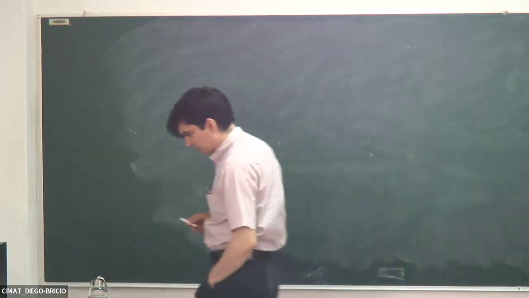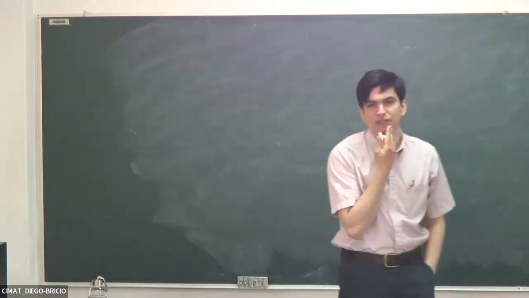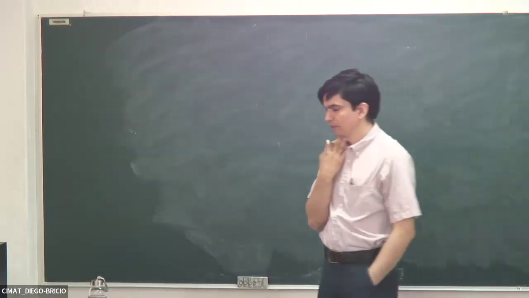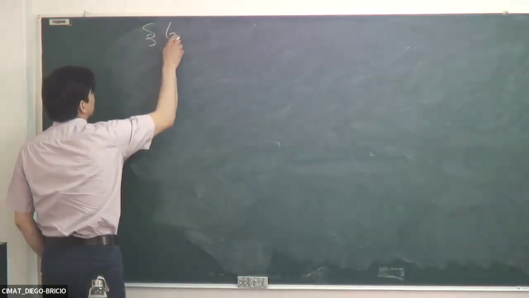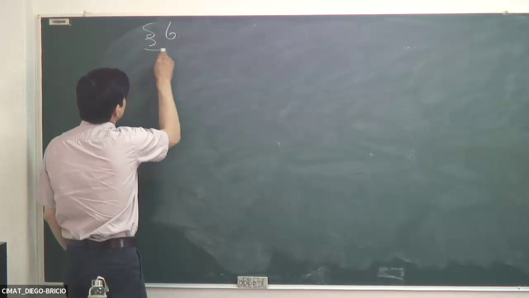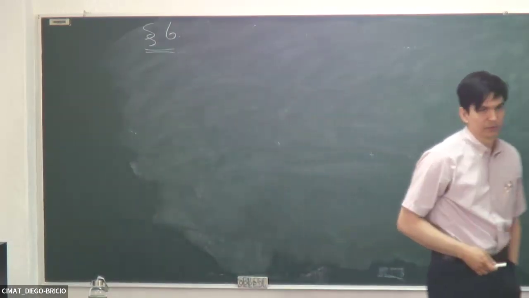So I guess we could start summing up a little bit of section 6 that maybe we don't remember quite much. Just a recap, and to see where we are heading.